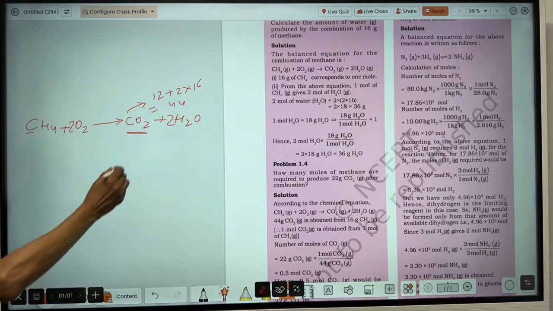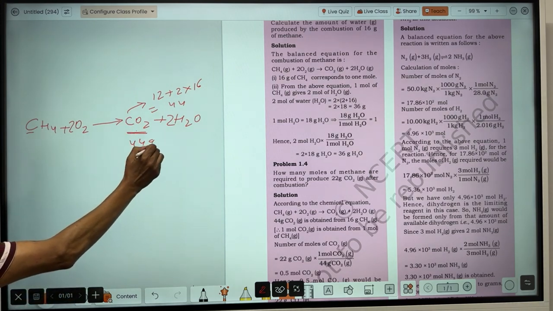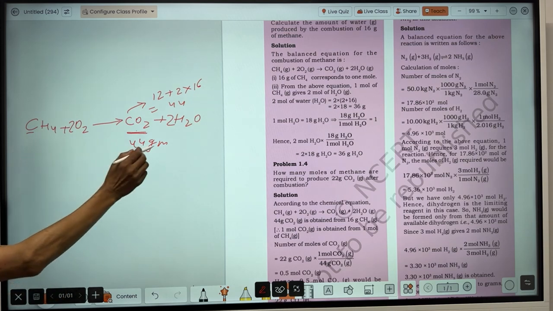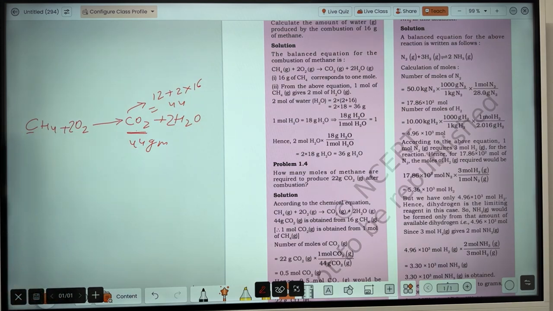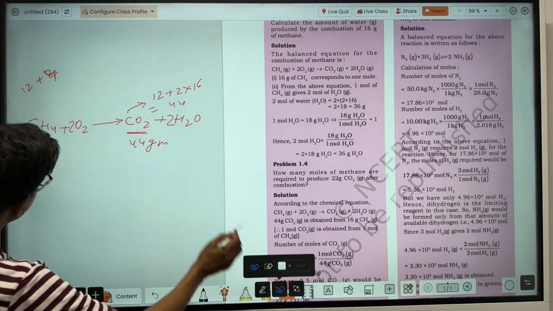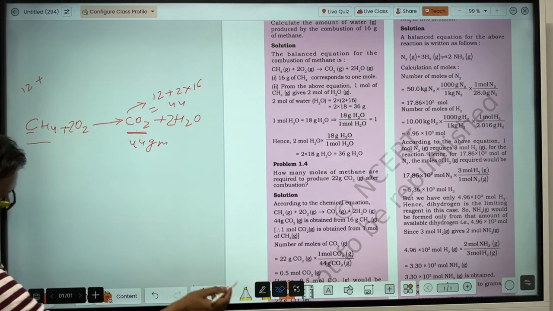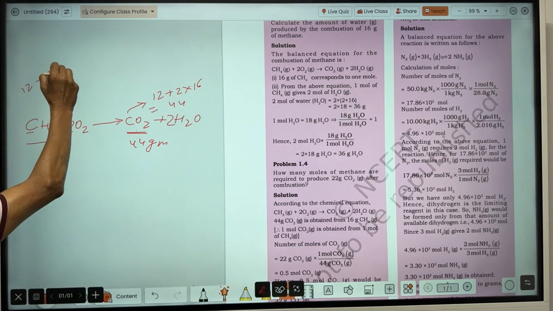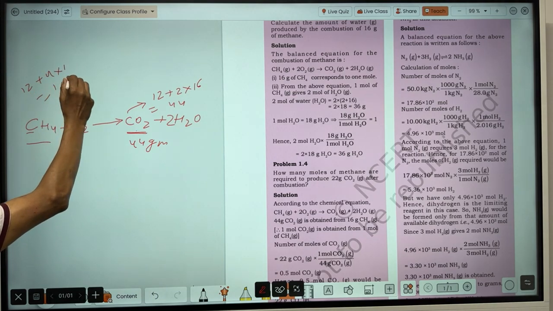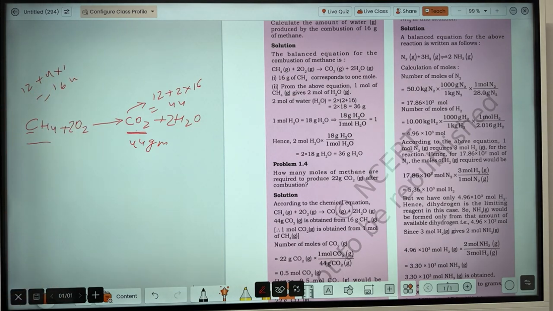So here this amount is given 44 gram, that is the molecular weight, and of methane how much? Carbon 12 plus 4 for the hydrogen. Oh, sorry, 4 for the hydrogen. So 4 into 1, that is 16. So the molecular weight of methane is 16.